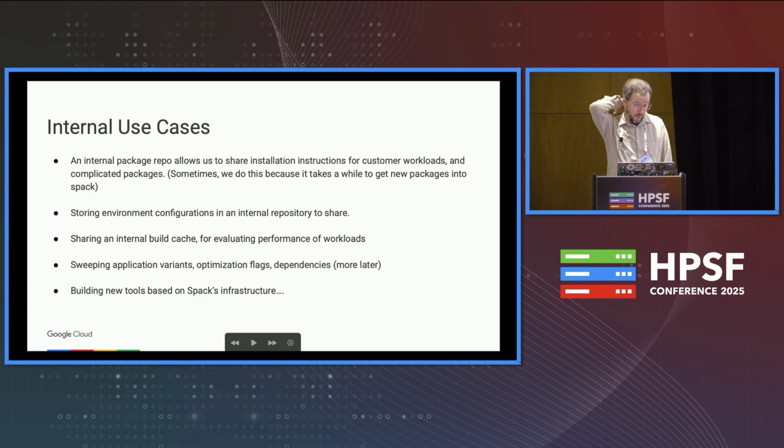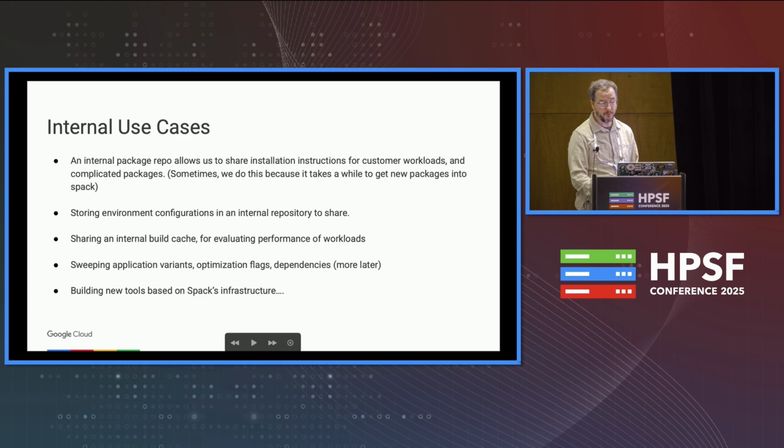We have an internal Git repository that lets us store environment configs and some of the things that we would use to build up experiments that I'll talk about in a minute. We also create internal build caches that we use for this, which is kind of like the CVMFS that Mike was talking about yesterday, but a Spack build cache-based one. And then we just install from it a bunch of times.